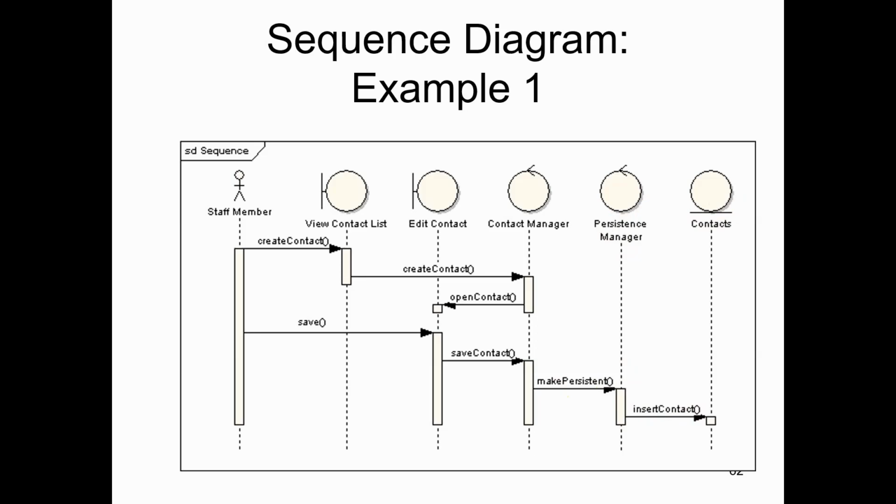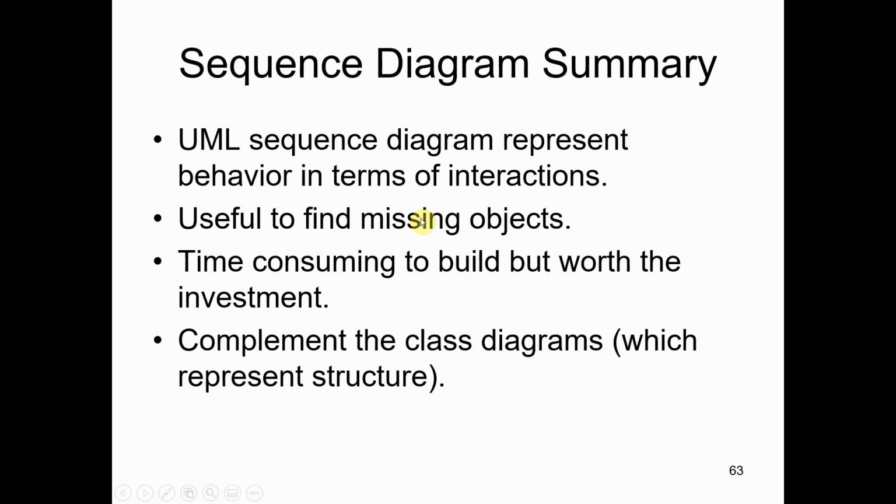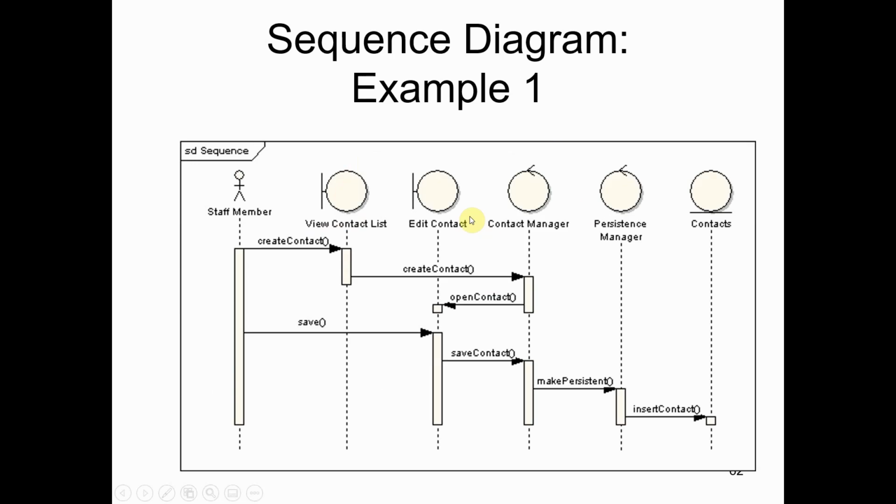It involves three kinds of objects: entity, control, and boundary. The UML sequence diagram represents the behavior in terms of interaction, and it is useful to find missing objects. In the previous example, each sequence diagram must contain three kinds of objects: entity, boundary, and control.